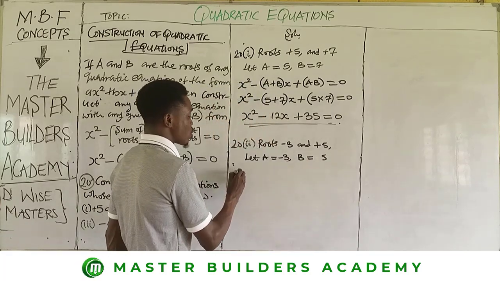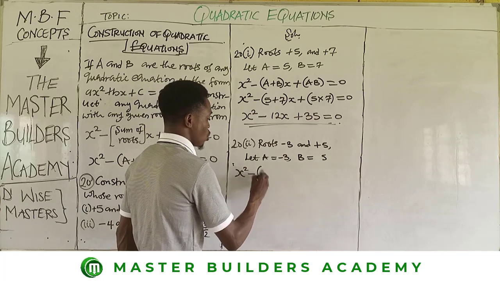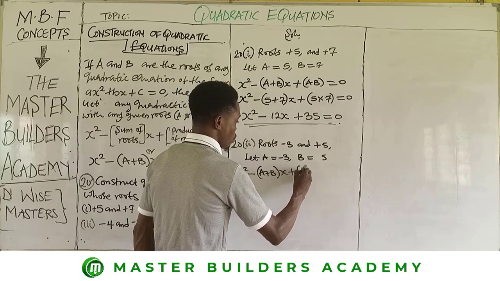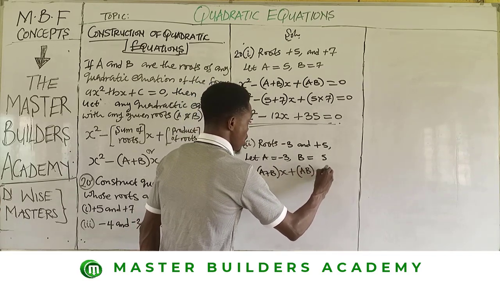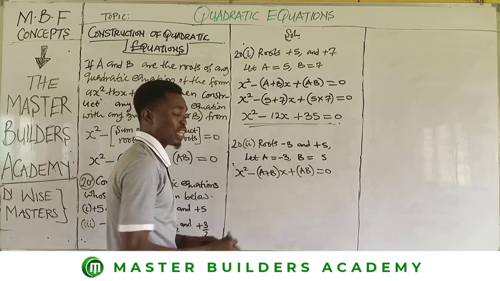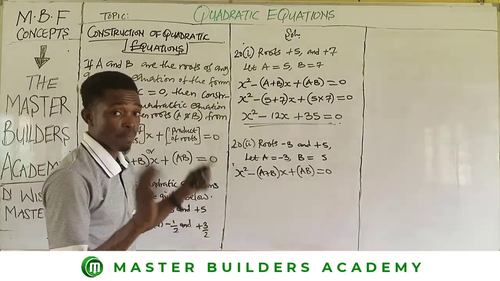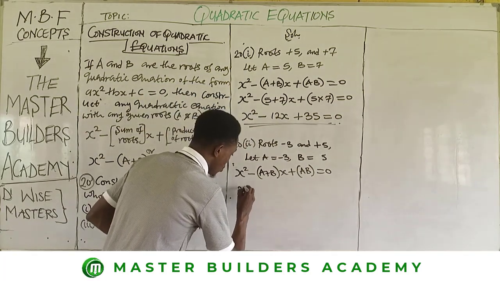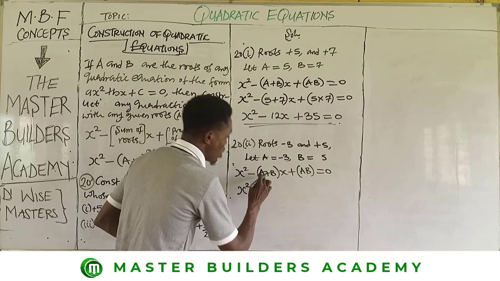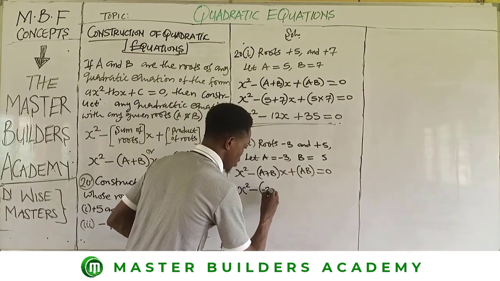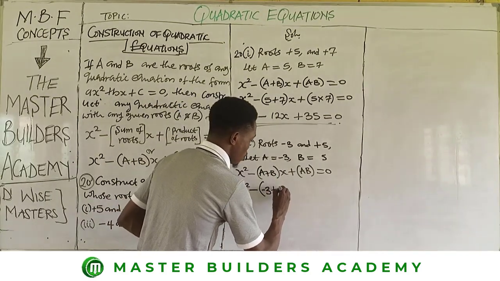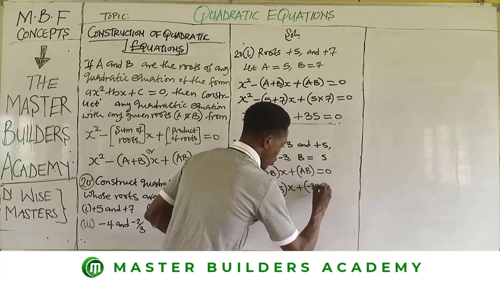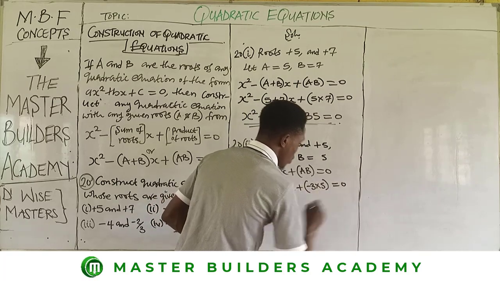All we need to do again is to recall that X squared minus the sum of roots, A plus B, multiplied by X, plus the product of roots, A multiplied by B, is equal to 0. So now we impute the values. We have X squared minus, first root minus 3 plus B, which is plus 5, all multiplied by X, plus the product of roots, minus 3 multiplied by 5, equal to 0.